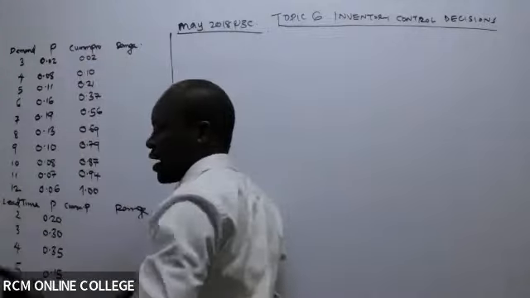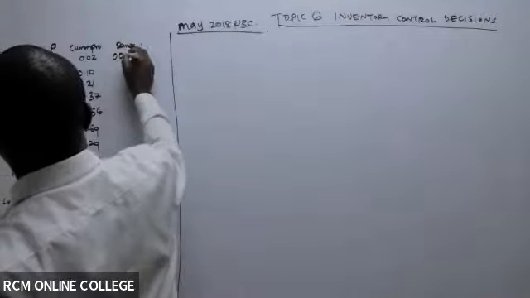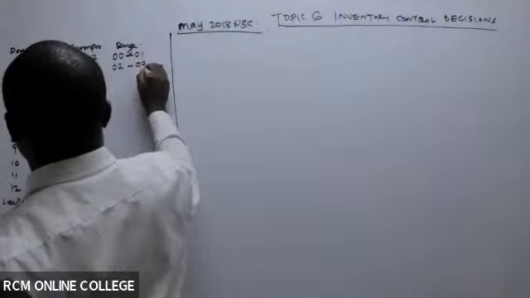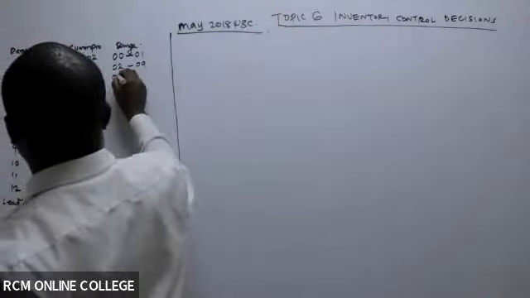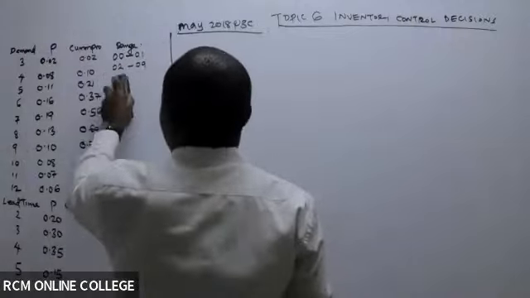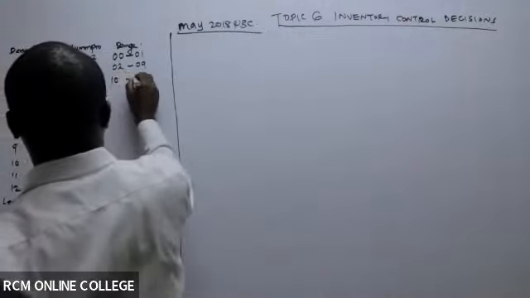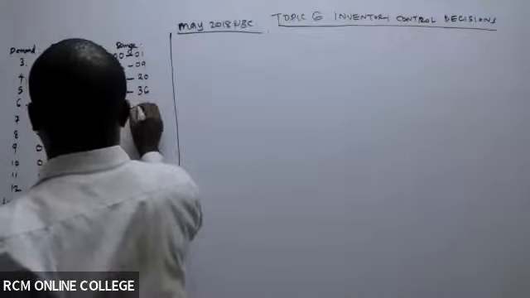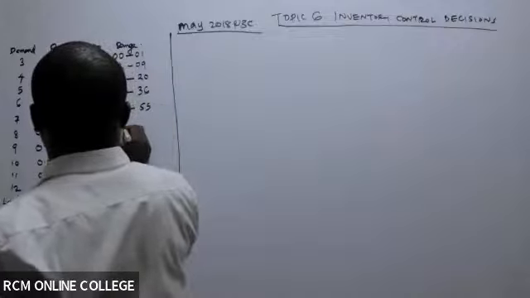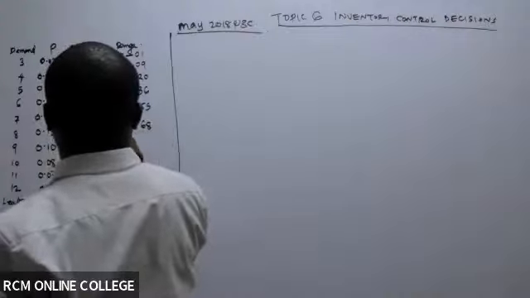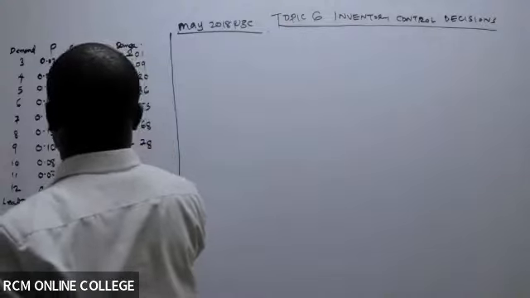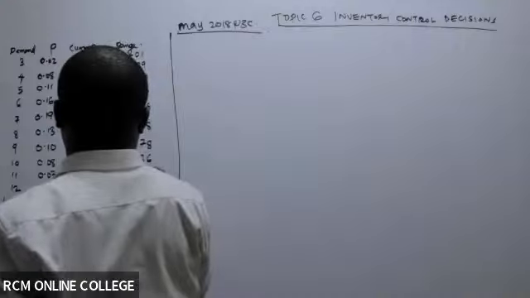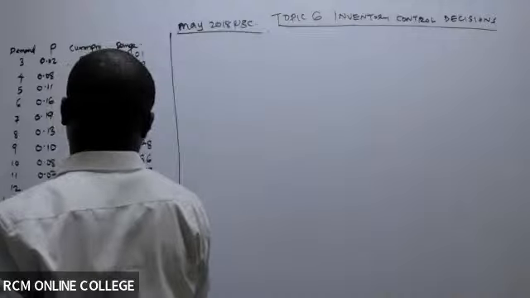So we have 00 to 02, and then 10 to 20, 21 to 36, 37 to 55, 56 to 68, 69 to 78, 79 to 86, 87 to 93, 94 to 99.